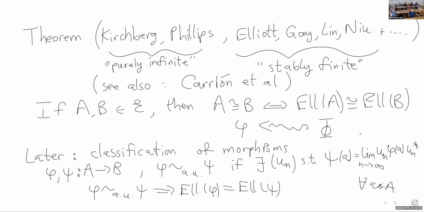Yeah, sure. Okay, but the point I want to make now is that the converse is not true. So the Lu invariant is not enough to classify morphisms up to AU equivalence.